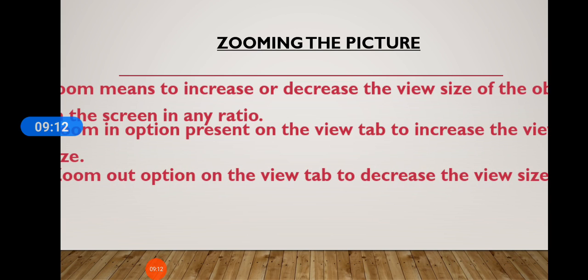The zoom in option is present on the View tab to increase the view size. The zoom out option is used to decrease the view size on the View tab at the ribbon. This way we can see the increased or decreased size of the picture by using the zoom option.